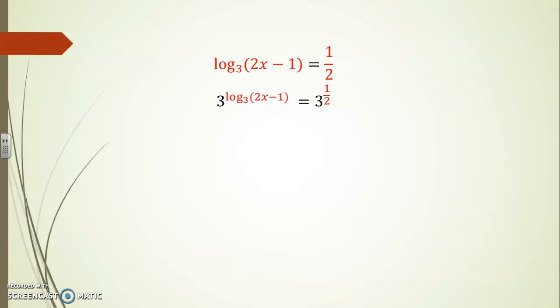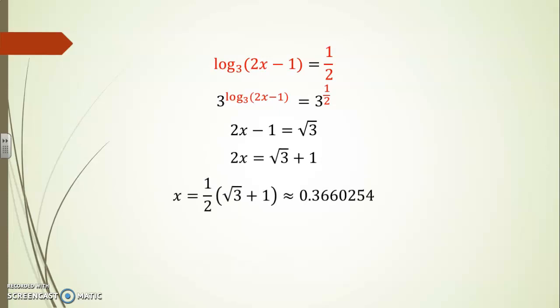The reason why this will work is that we now have a base 3 exponential on the left with a base 3 logarithm, and the mutual inverse relationship that they have would simplify that composition to 2x minus 1. On the right, 3 to the power 1/2 is like square rooting 3. And then we can add 1 and divide by 2.